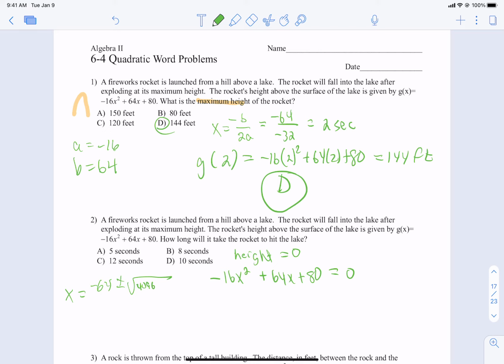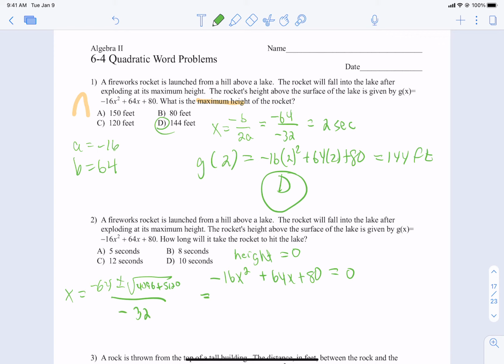Minus 4 times our a value of negative 16 times our c value of 80, which is going to make that a positive, because we're going to have a negative 4 times a times c, which is negative 4 times negative 16 times positive 80, which is positive 5120. All over 2a. Now a is negative 16, 2 of those is going to be negative 32.